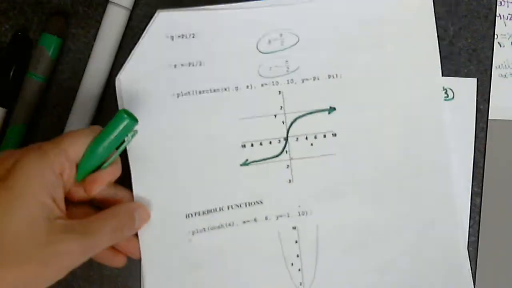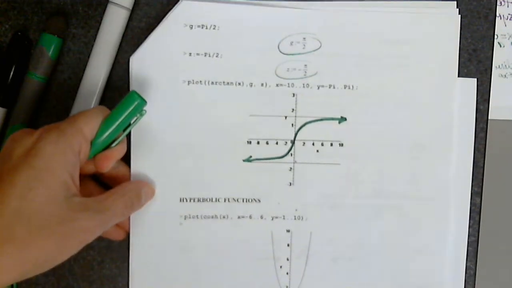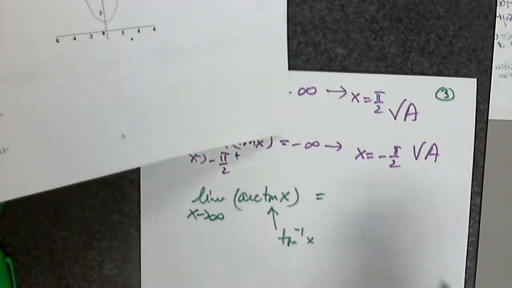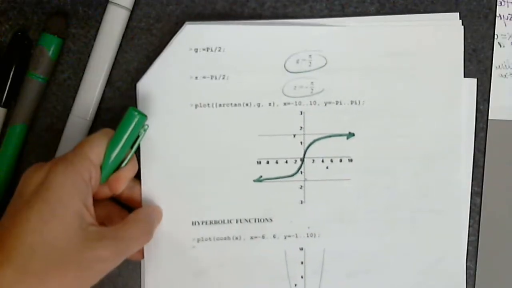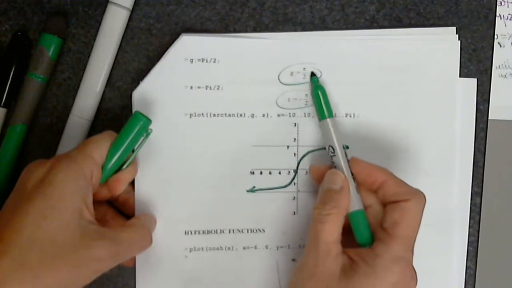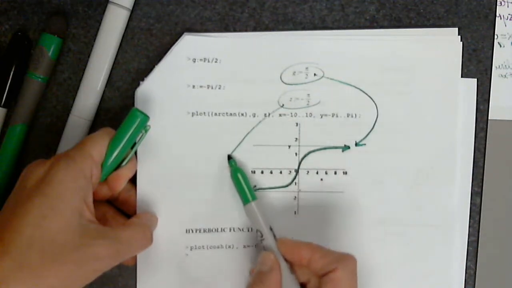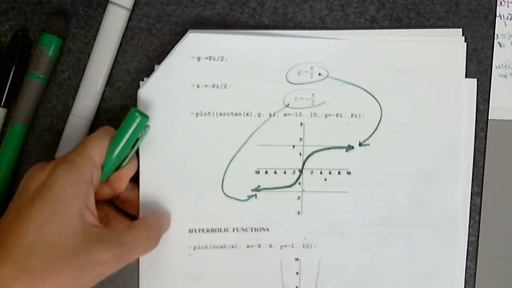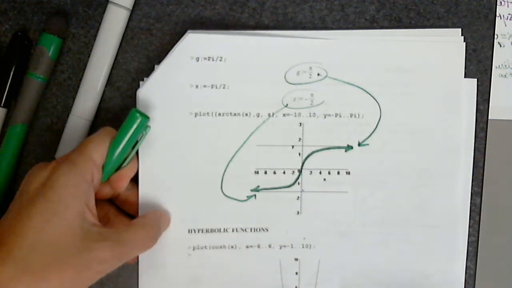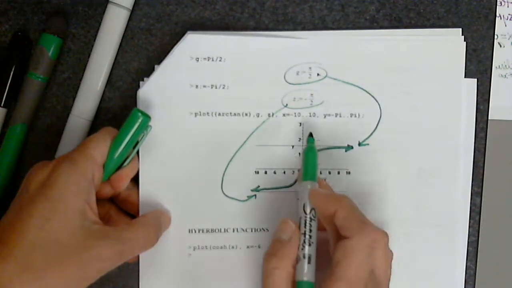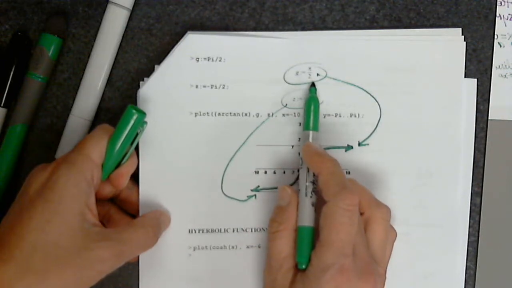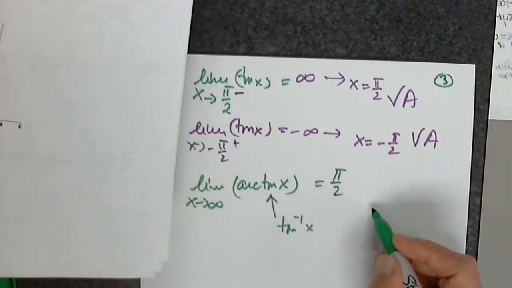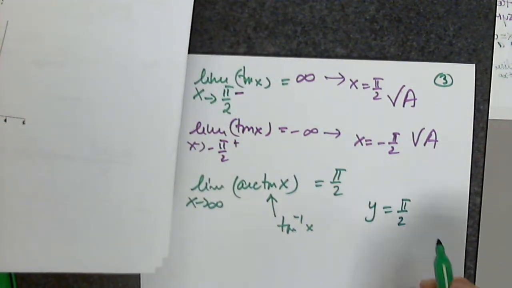Limit as x approaches infinity, what will this be? Roughly, it's pi over 2, to be exact. Yes, indeed. So then what will I conclude about y equals pi over 2?